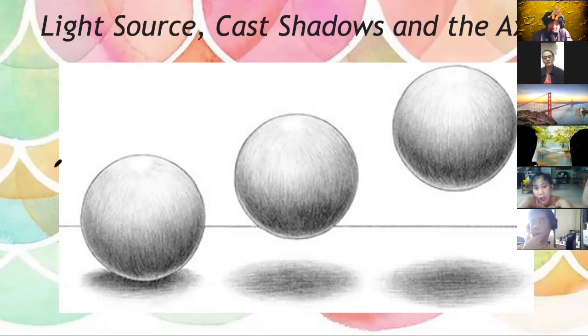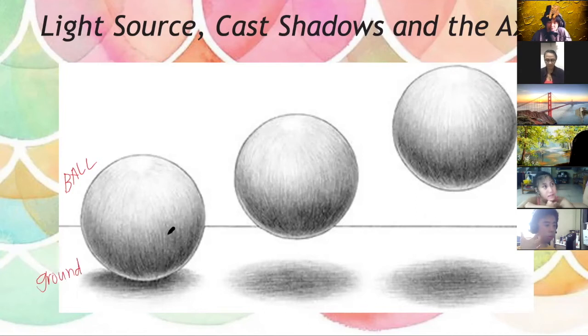In this case, this ball in relation to the ground, right? So you have two things na. Okay? Kasi syempre kapag may katabi na yung ball nyo or yung subject nyo, magka-cast shadow rin siya doon sa other subject.